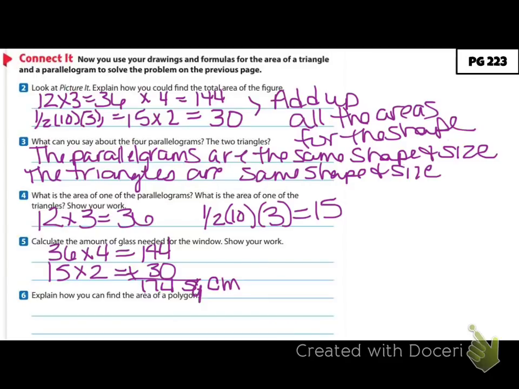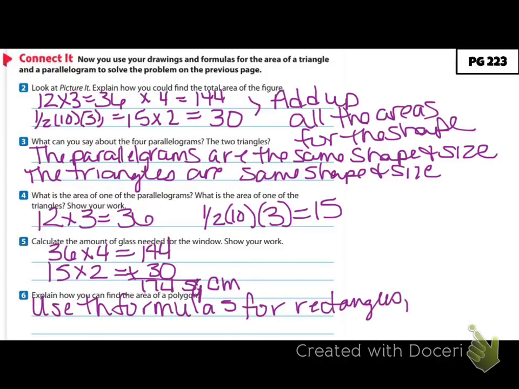Number 6 says, explain how you can find the area of a polygon. Well, we can use the formulas for rectangles, parallelograms, and triangles.